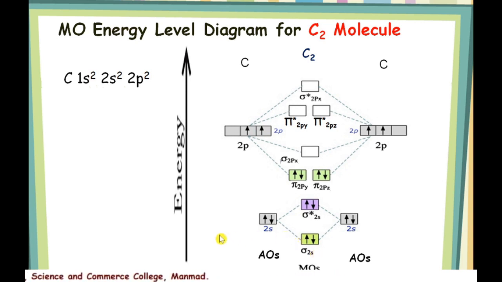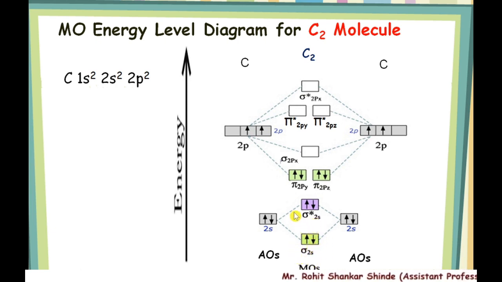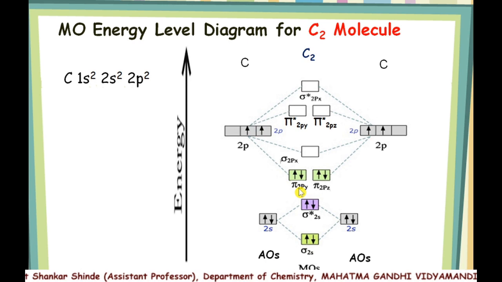This diagram shows the molecular orbital energy level diagram for the C2 molecule. Out of 8, the first 2 electrons are occupied in sigma 2s, the next 2 electrons are occupied in sigma star 2s, and the remaining 4 electrons are occupied in pi 2py and pi 2pz orbitals, and these are bonding molecular orbitals.